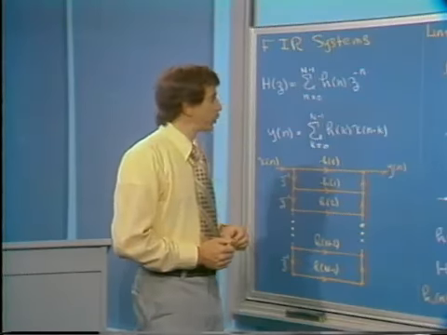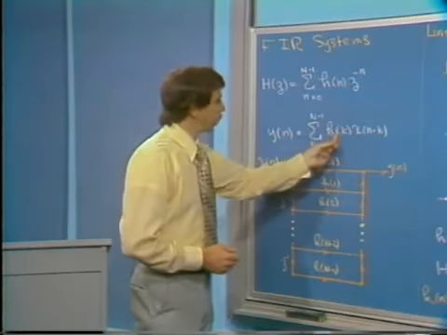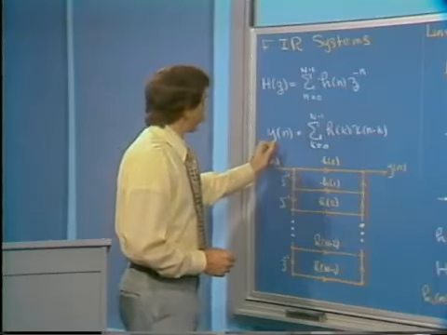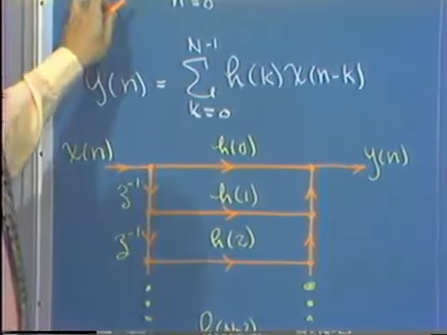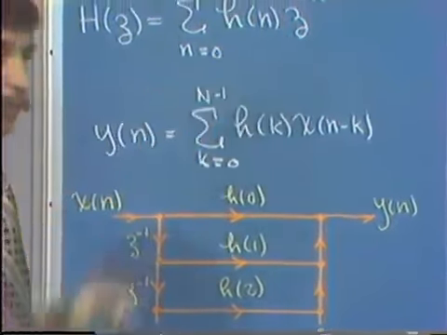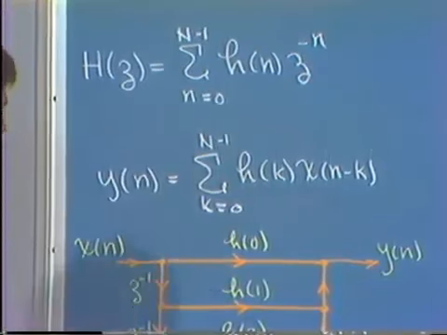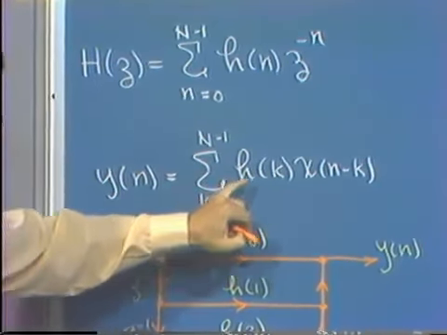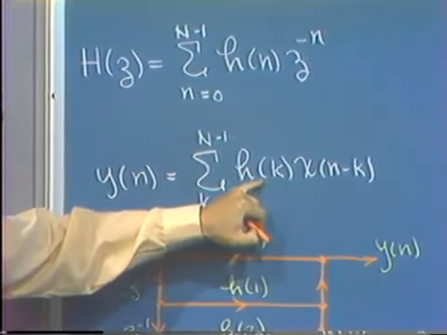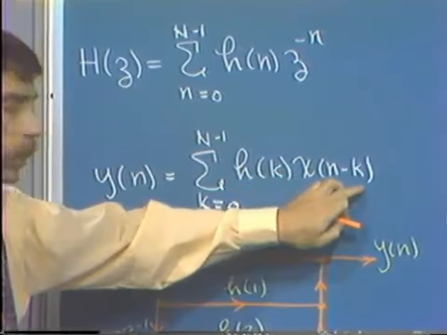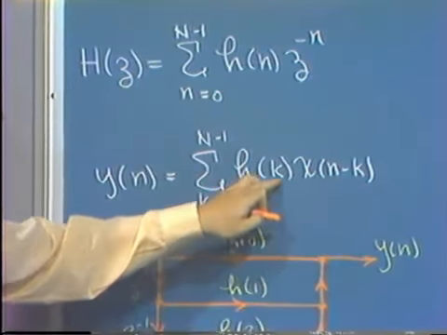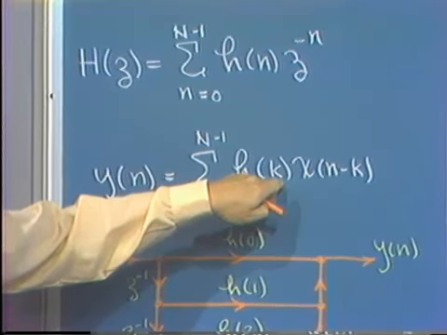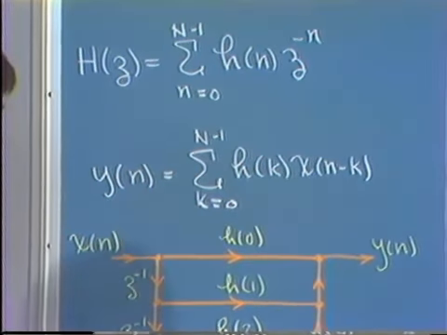For example, we can generate a direct form structure from the difference equation, or equivalently from the Z-transform. And we see that the direct form structure corresponds to generating a weighted combination of delayed inputs where the weighting coefficients are the values in the unit sample response h of n.